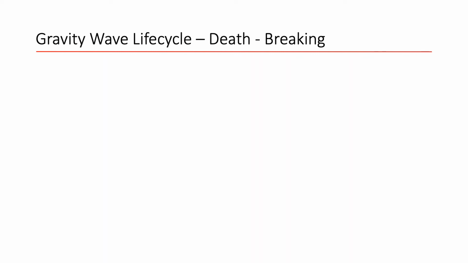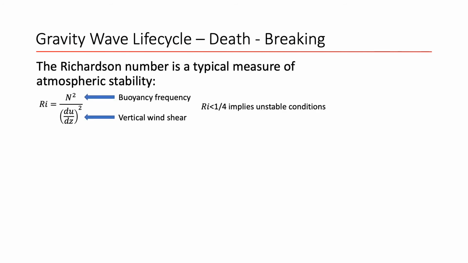Another way of describing instability in the atmosphere in general is the Richardson number, which is made up of the buoyancy frequency squared in the numerator and the wind shear squared in the denominator. If the Richardson number is less than a quarter, this implies unstable conditions. The Richardson number describes two types of instability.